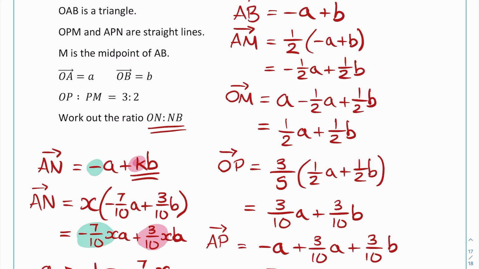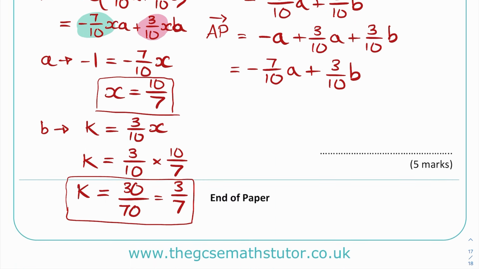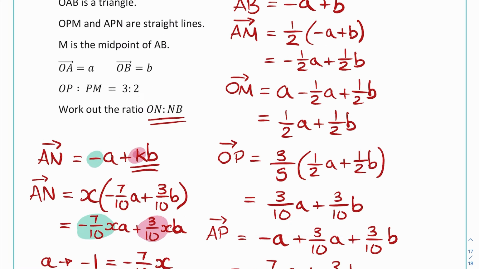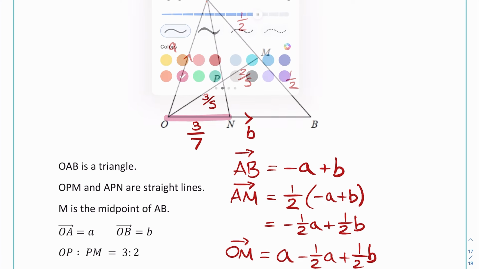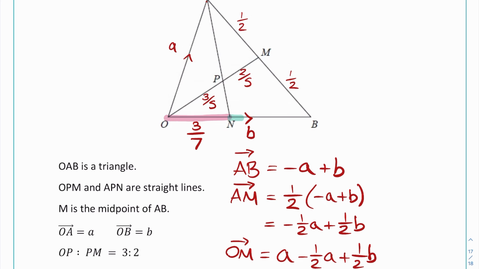And that's what we used the letter k for. And we've just figured out that k is equal to 3/7. So we have just said that this here would be 3/7 of the way across the line. That means that the other side of the line, this one over here, would have to be 4/7. So this one here is 4/7.